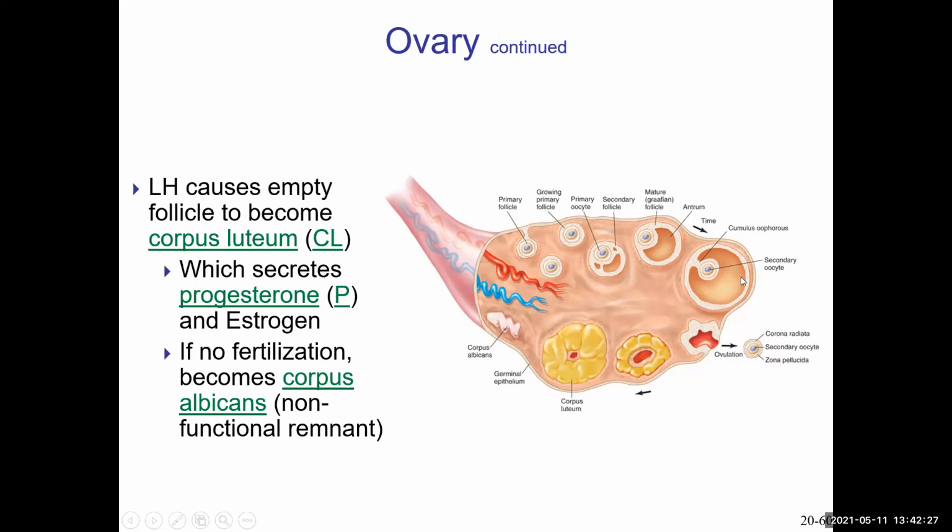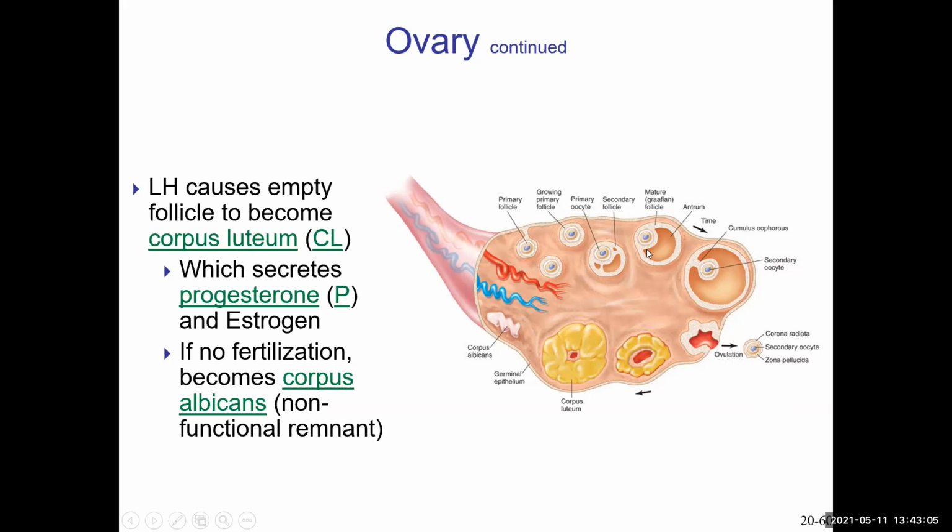These follicular cells also produce enzymes, like protease enzymes. These enzymes cut this outer layer, and then cut here at the cumulus oophorus and release the egg. Once the egg is released, that process is called ovulation. What is released is a secondary oocyte.